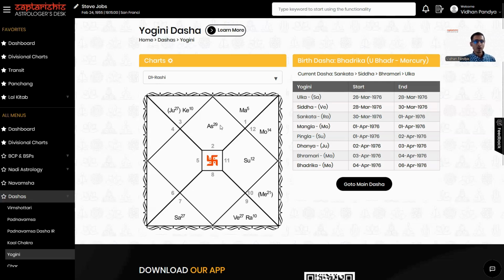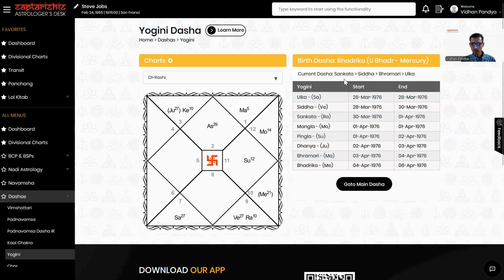Now for 1st of April 1976, it will be Sankata Dasha with Mrikshira nakshatra. Part of Mrikshira nakshatra is in Taurus sign and part of it goes in the Gemini sign. So after you do the rotation, this is how you are going to analyze the chart in Yogini Dasha.